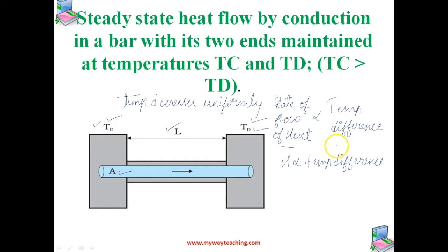And it is also proportional to the area of cross section A and inversely proportional to the length L. So we can write H is equal to K A times the temperature difference Tc minus Td, divided by the length L. The constant of proportionality K is called the thermal conductivity of the material.